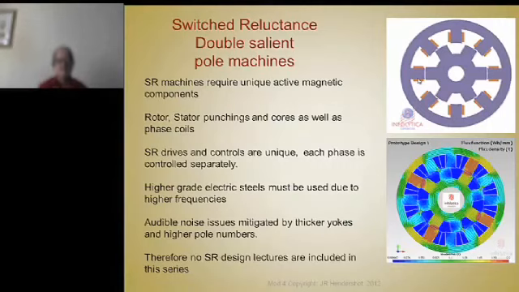And because of the saliency of the machine and the attraction of those poles, when a pole in the rotor comes around, it's attracted to the stator, and the thin section modulus of the stator yoke deflects, acting like a big spring. So on the top, as that rotates, the stator is trying to elliptify. It's trying to change from a circle to an ellipse because those poles are attracted.